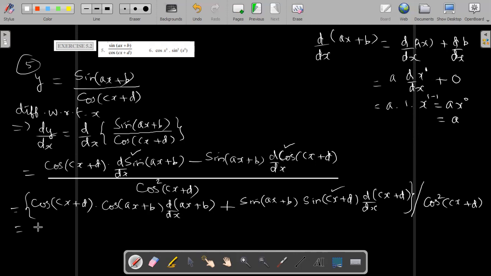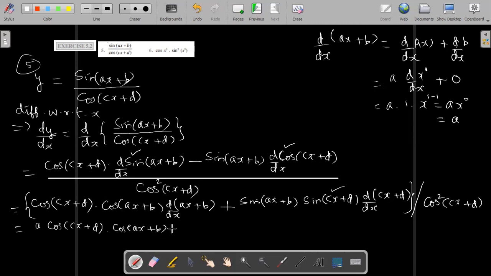Here a will come, so in the starting we can write a cos cx plus d into cos ax plus b. This we have written already.